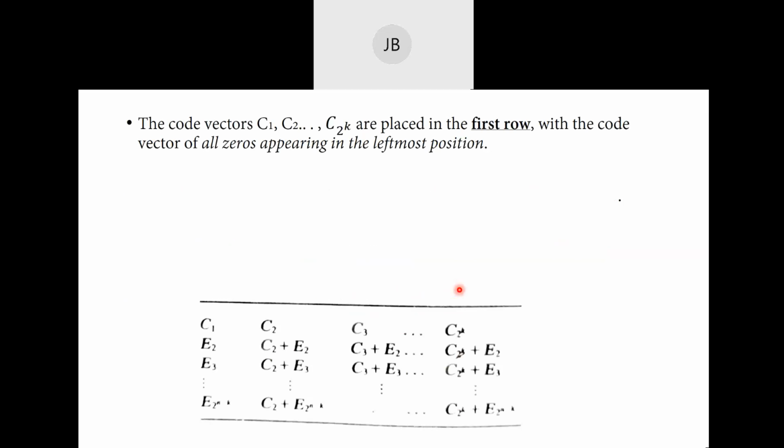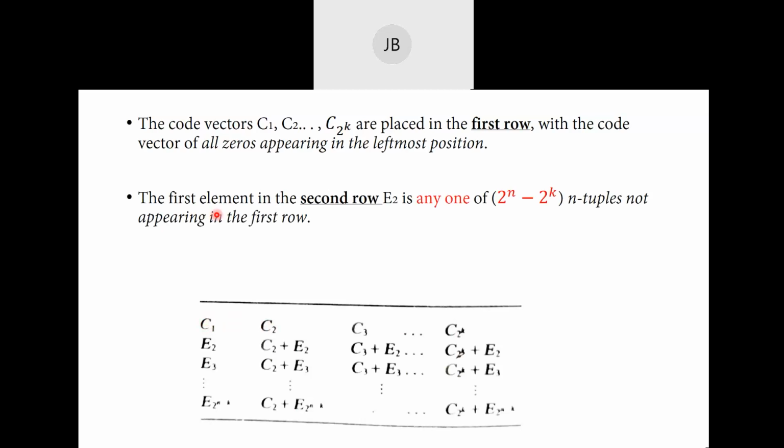We will see a simple case here. The code word vectors C1, C2, up to C 2 power k, the 2 power k code words, are placed in the first row. We also take care that the all-zero code word appears first.